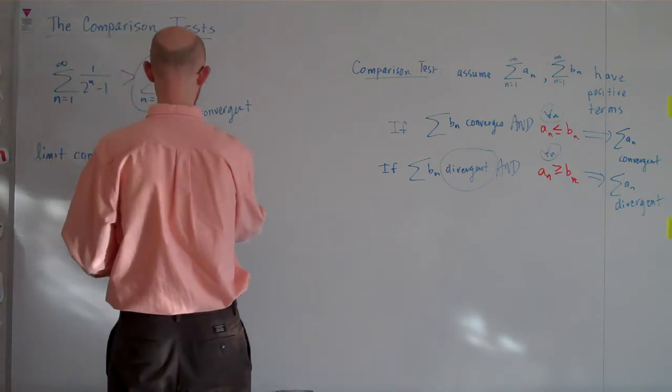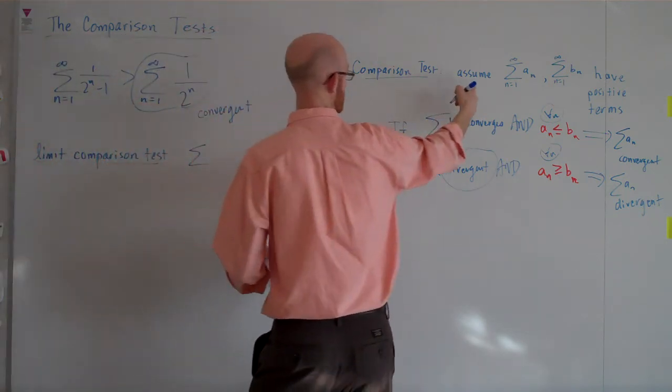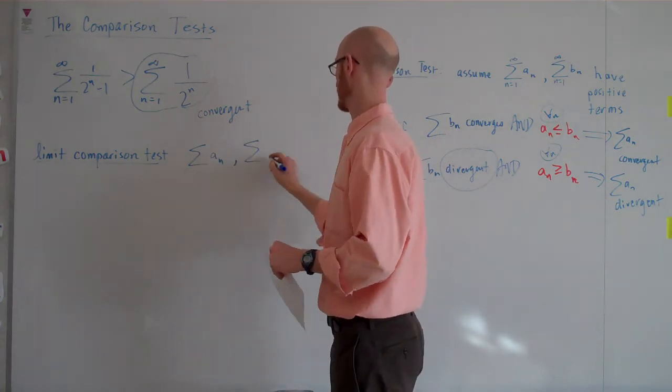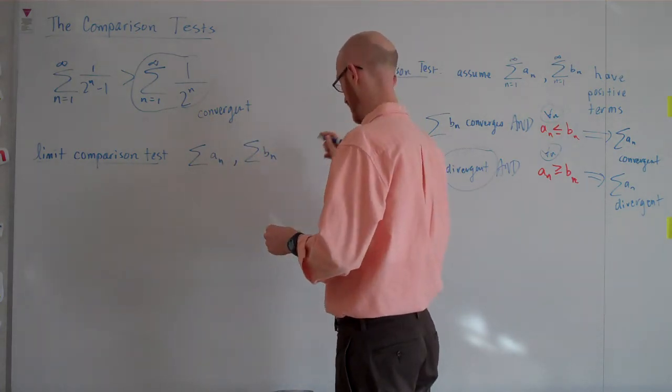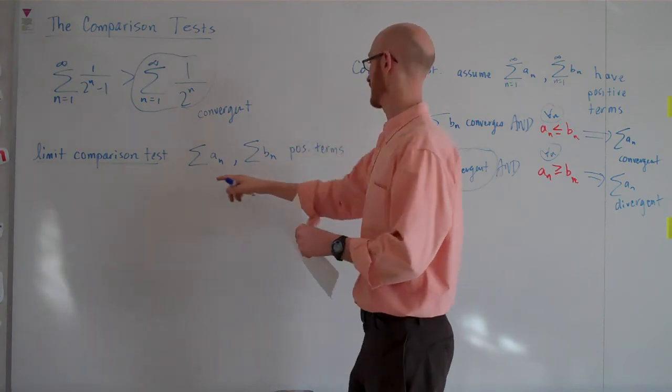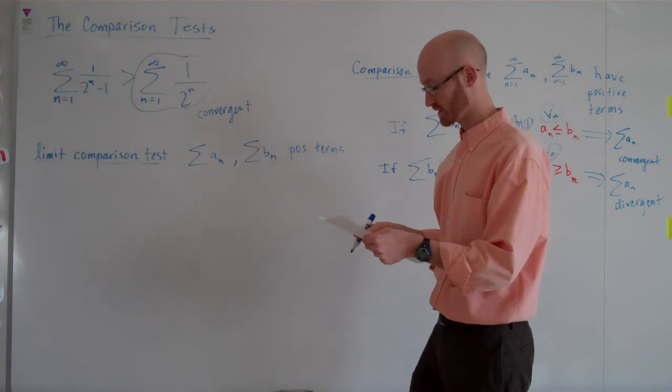Okay, the limit comparison test says, actually the same suppositions here, the infinite sum of a sub n and b sub n have positive terms. So I'm doing a lot of abbreviating there. I didn't put my infinites and positive terms.